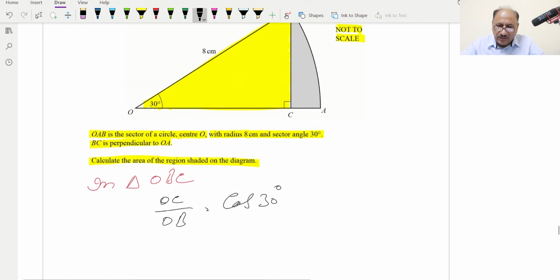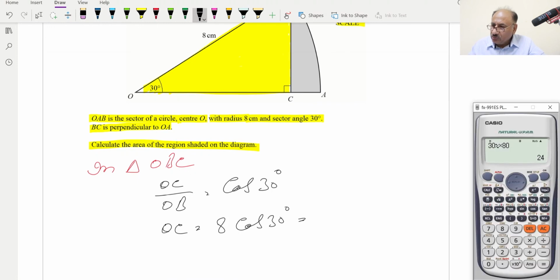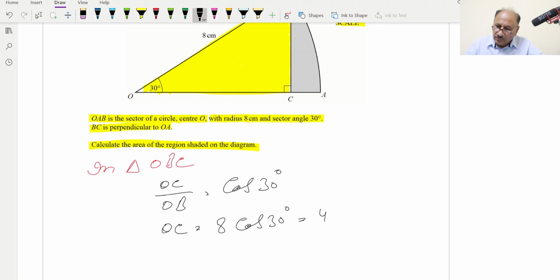This is basically adjacent over hypotenuse. So OC will be equal to 8 cos of 30 degree, since OB is 8. And we will use a calculator. Before using the calculator, make sure that it is on degree mode and not radian mode. This is equal to 4 under root 3. So 4 under root 3 is the OC value.